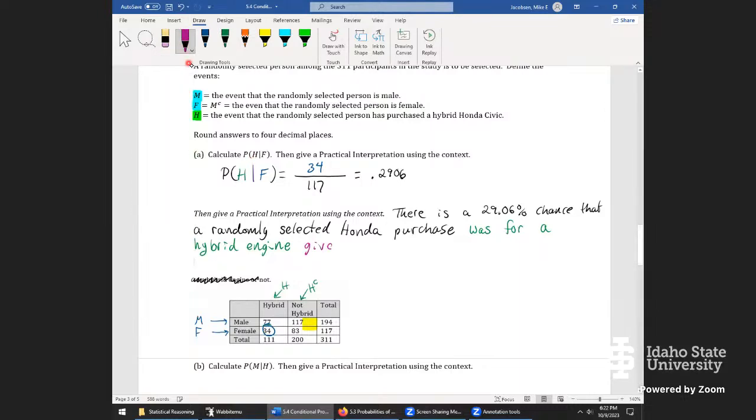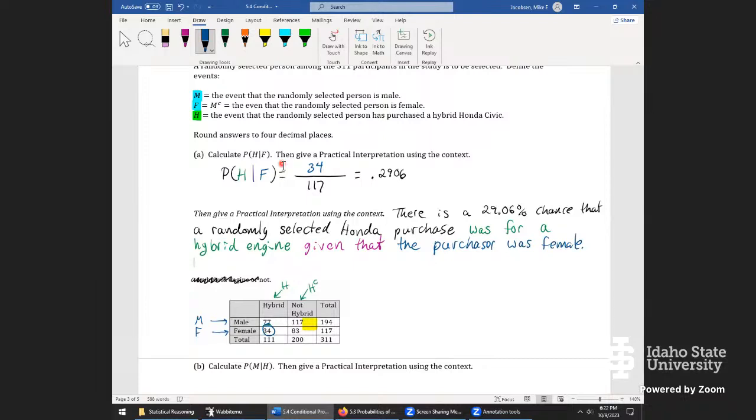Given that. And now we can say F is for female, just briefly: the selected person was female, or the purchaser was female. Given that, the purchaser was female.